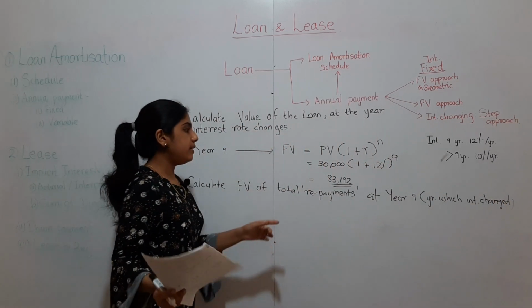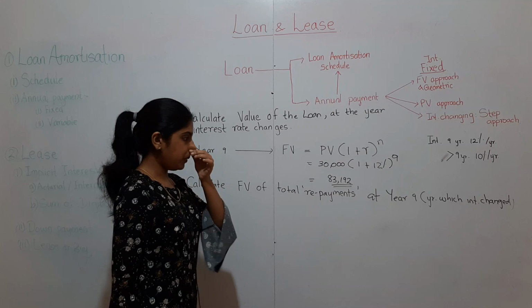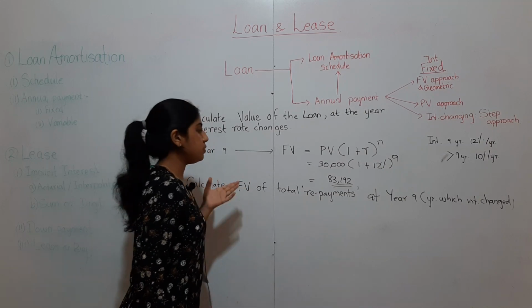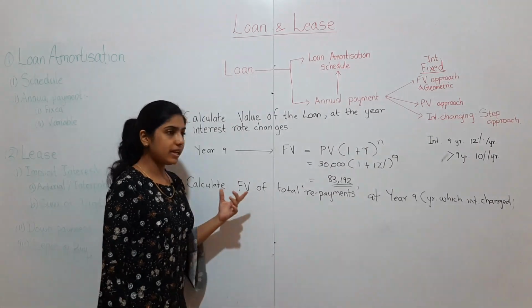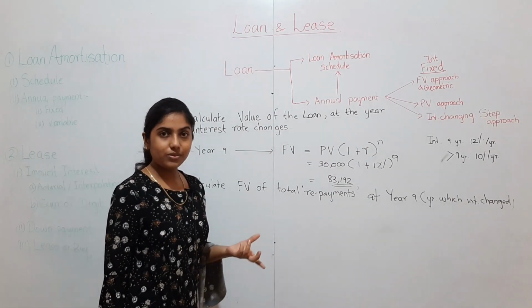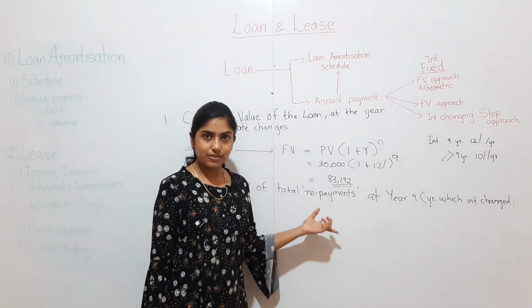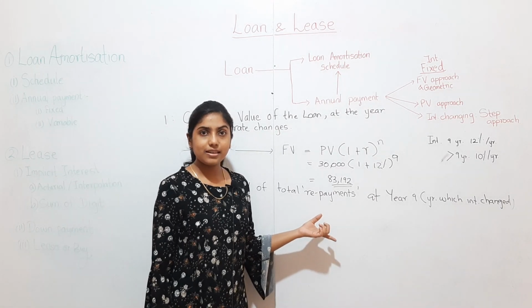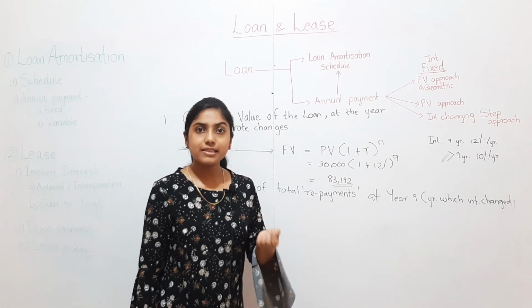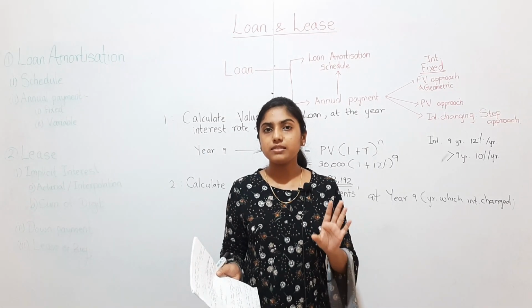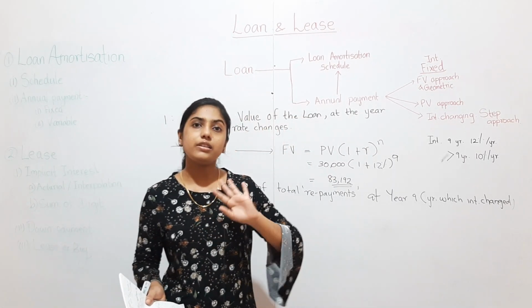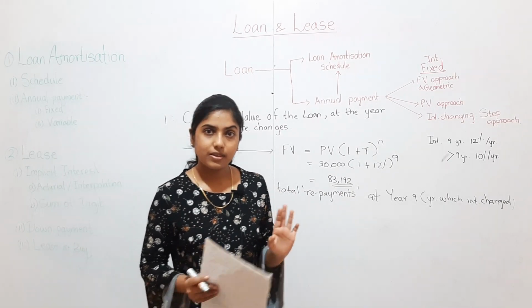So the repayment at year 9, they are asking the future value of the repayment. But so far we weren't able to even know what our repayment value on a monthly basis is. This we must calculate by first of all considering the 25-year period.